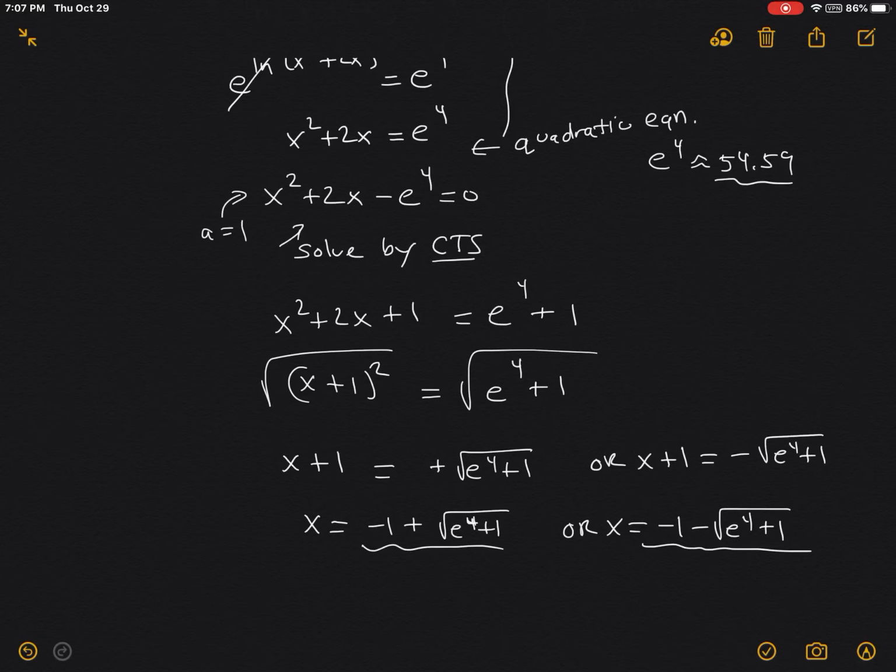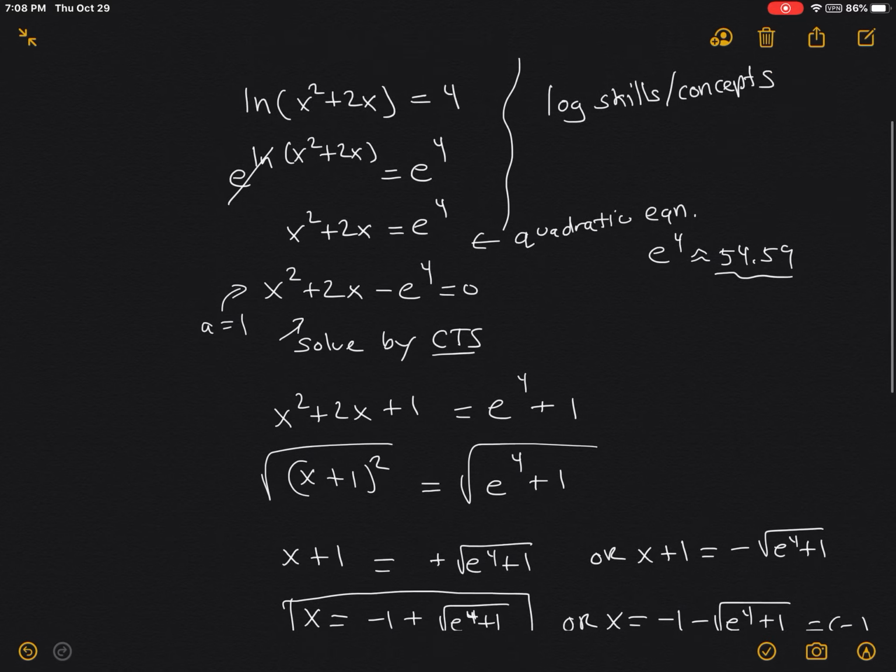Plus 1, that's 55 something. You take the square root of 55, it's going to be a positive number plus negative 1. So this one should check. Now for the other one, the square root of 55 is going to be a number between 7 and 8. So negative 1 minus 7 or 8 is going to give you a negative value.